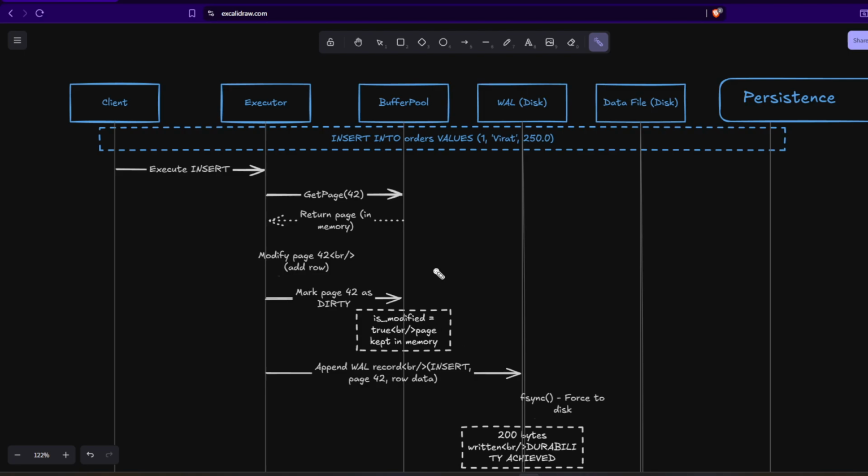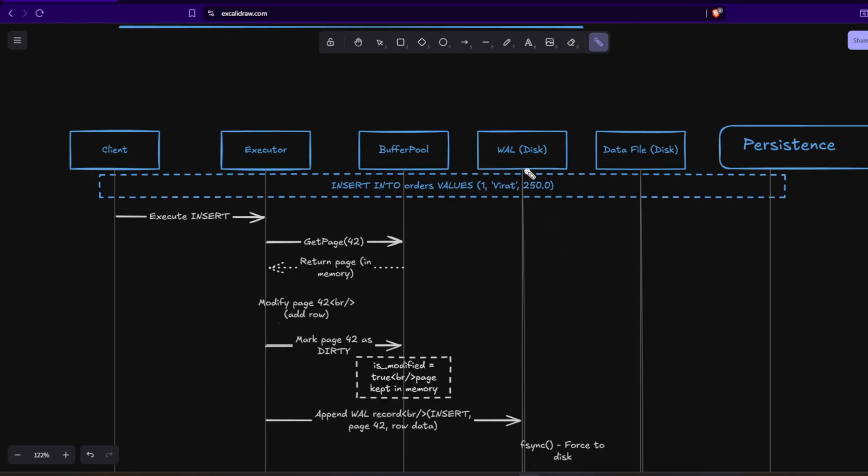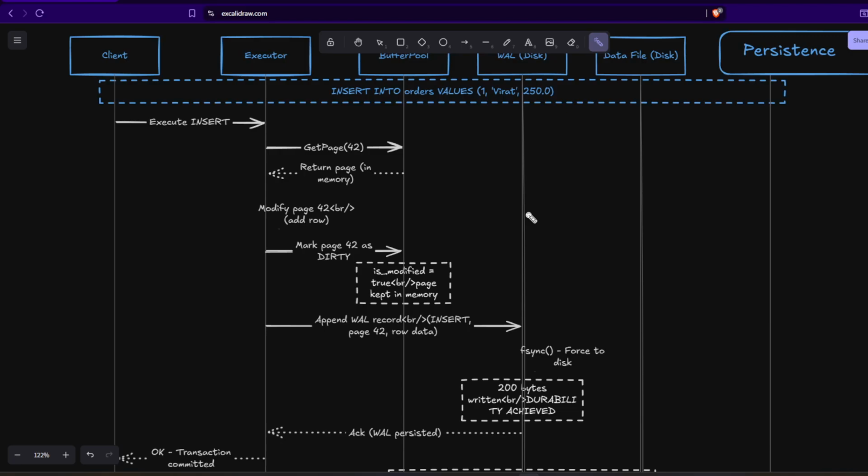So now we have a dirty page in our buffer pool, and alongside that, a very important concept, the write ahead log, comes into play. What the write ahead log does is guarantee that before the data is written into the persistent storage, it is written into the WAL.